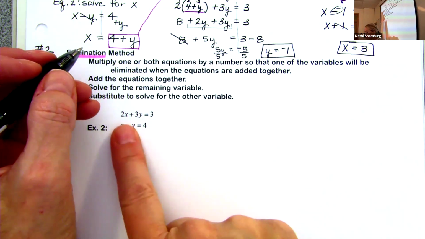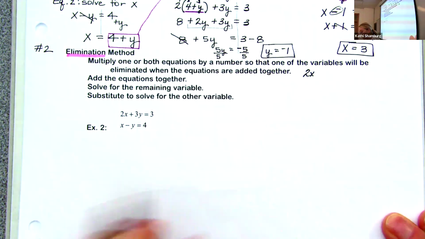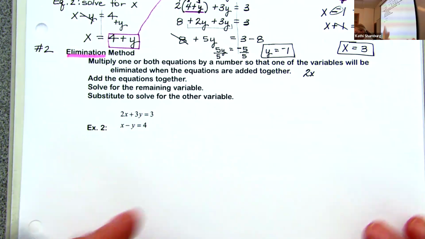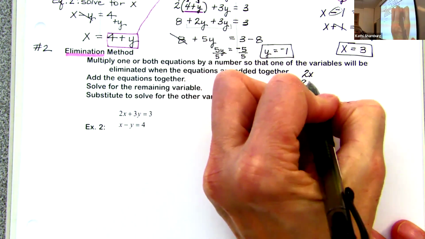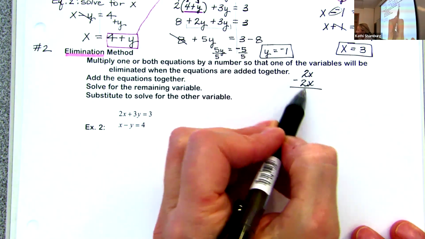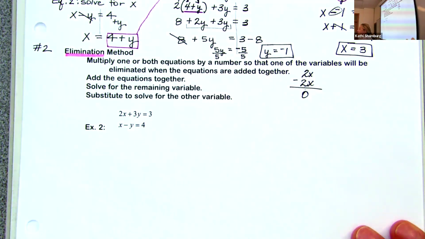Okay, so this is a 2x. If I wanted to eliminate my x's, I would need this coefficient to be what? Negative 2x, because we're going to eventually add, and what do you get when you add opposites? 0. So that would eliminate the x's.